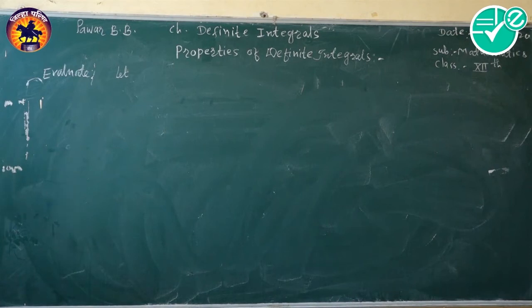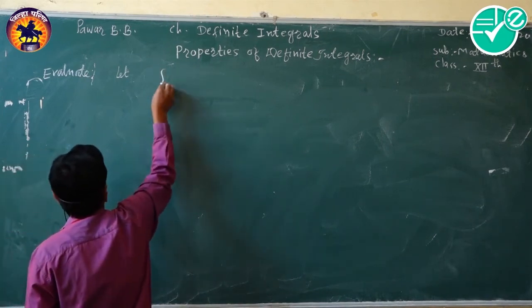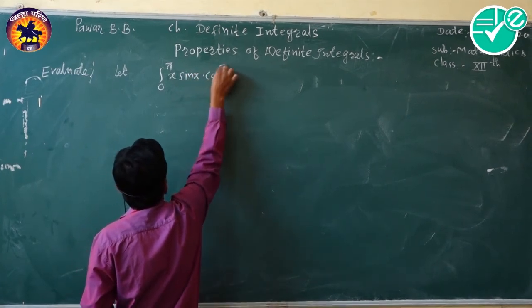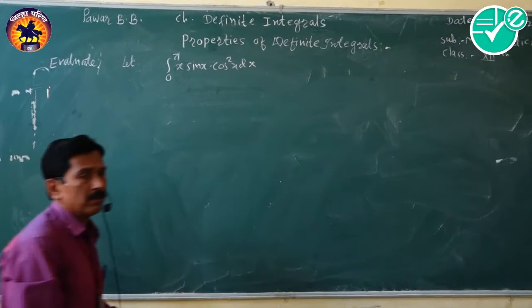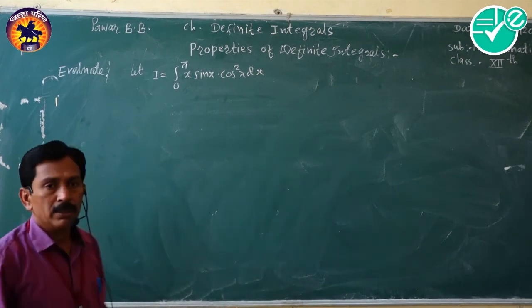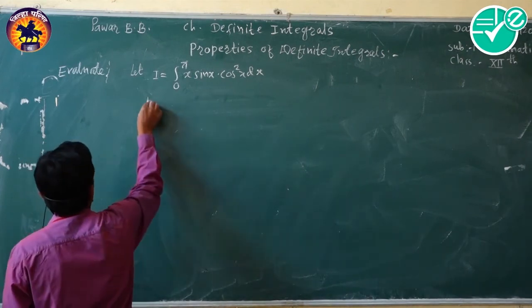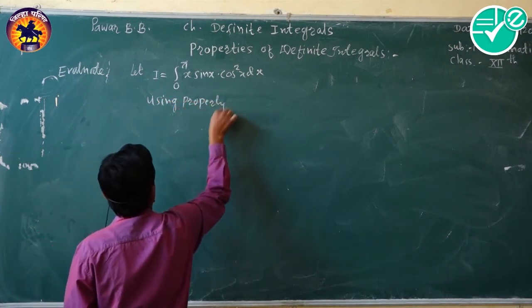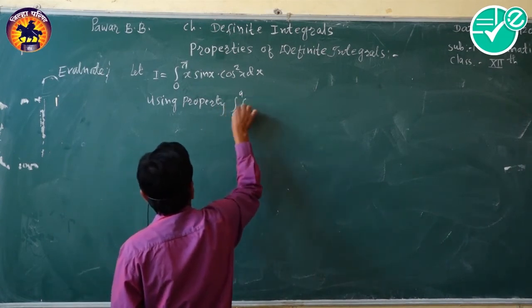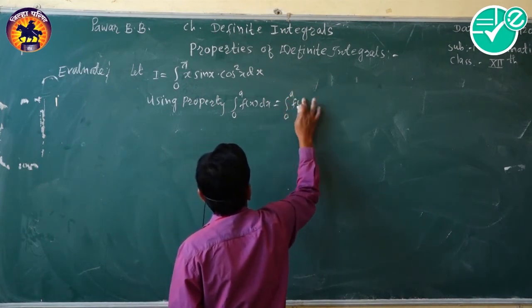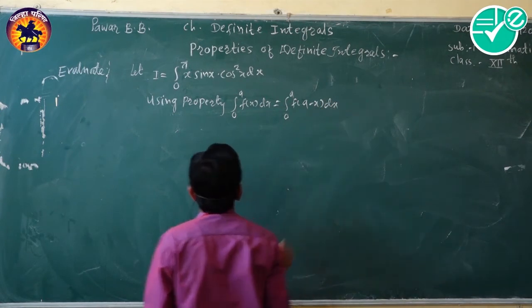Evaluate integration from 0 to pi x sin x into cos square x dx. Again let I is equal to this one, using the property integration from 0 to a f of x dx is equal to 0 to a f of a minus x dx.